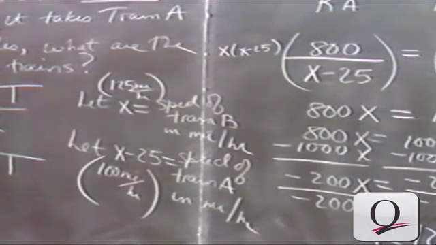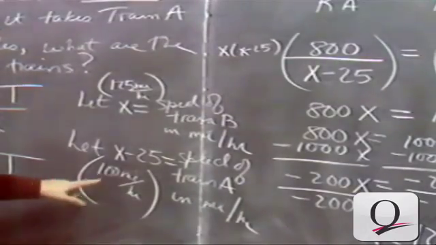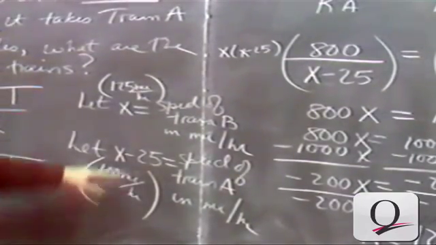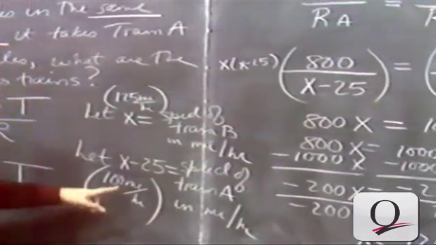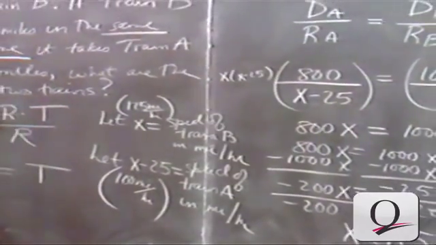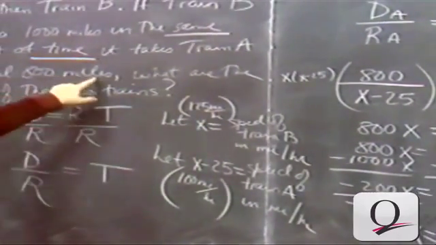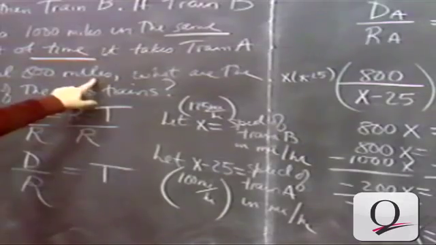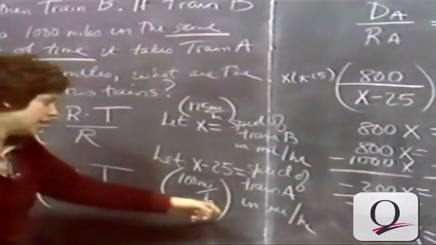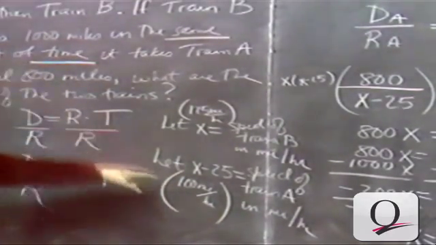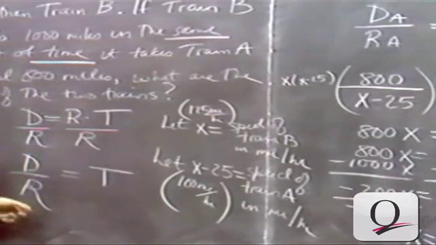Okay, and if you wanted to check this problem, you could see, well, train A, 100 miles per hour, covering 800 miles, is traveling for 8 hours. The time is the distance over the rate.